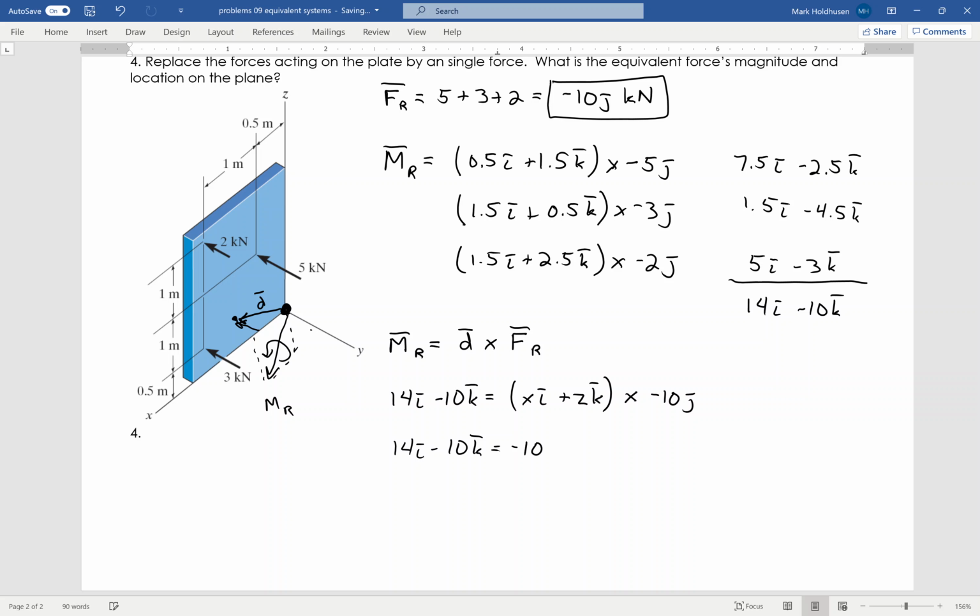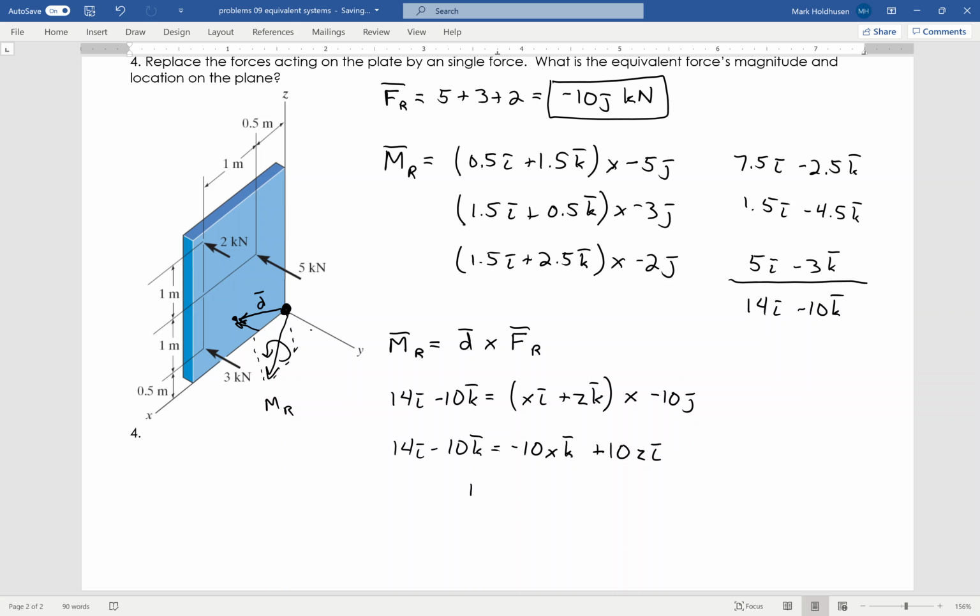So I get negative 10x in the k direction. That's the xi cross negative 10j. And I get plus 10z, but in the I direction. Again, that's giving me the zk cross the negative 10j. And what I do is set my i's equivalent, set my k's equivalent.